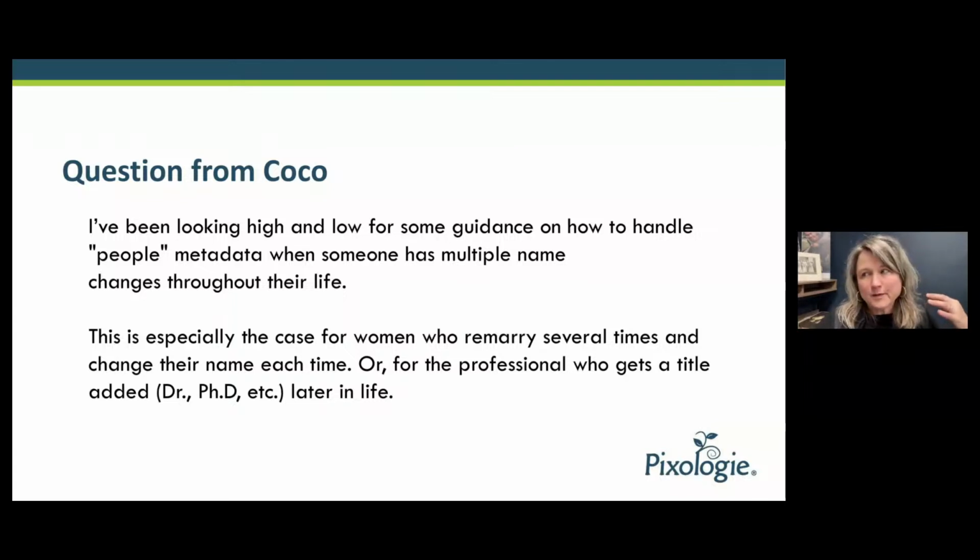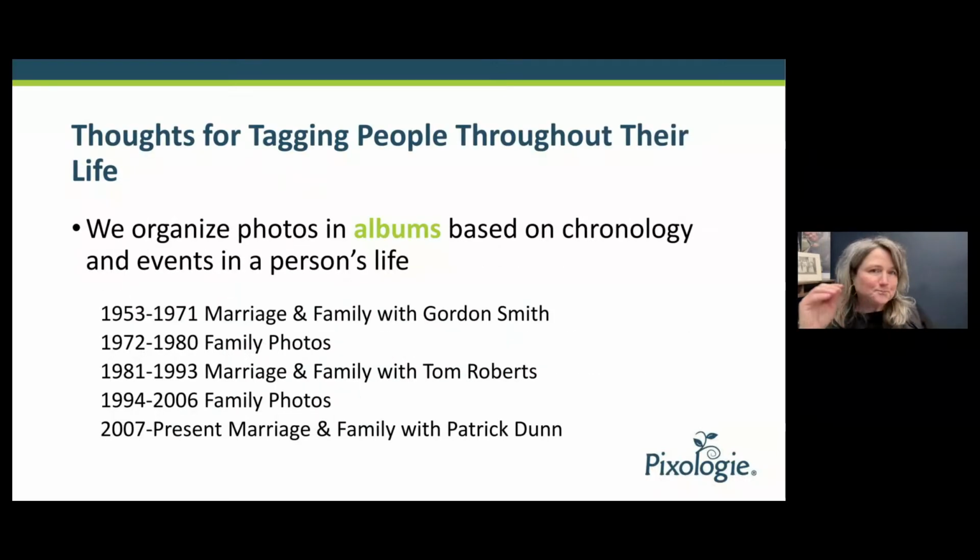It's just a linchpin of our system. So I put this slide up here, because I think information about life changes, marriages and remarriages or whatever might be easier caught in an album-based organization.